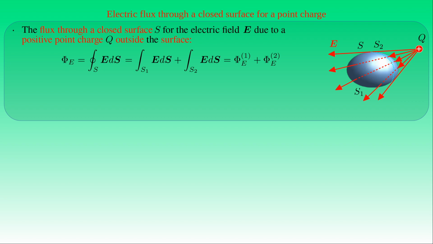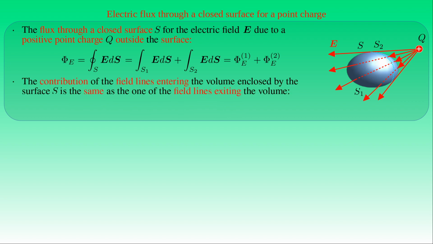We have also seen that the contribution of the field lines entering the volume enclosed by the surface S is the same as the one of the field lines exiting the volume. The only difference is that the first one is negative and the latter one is positive, that is the flux through the surface S1 is equal to minus the flux through the surface S2. As a result, the flux phi E through the closed surface S for the electric field E due to the point charge q outside the volume enclosed by the surface vanishes.